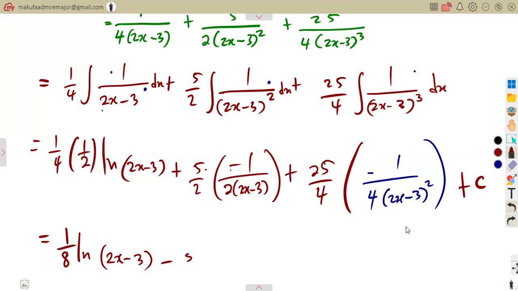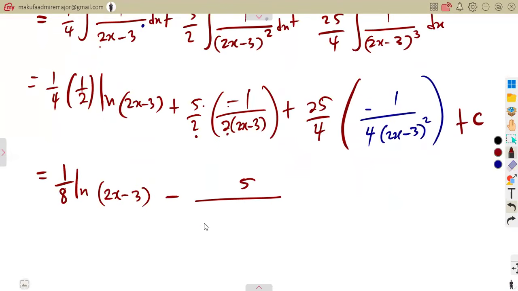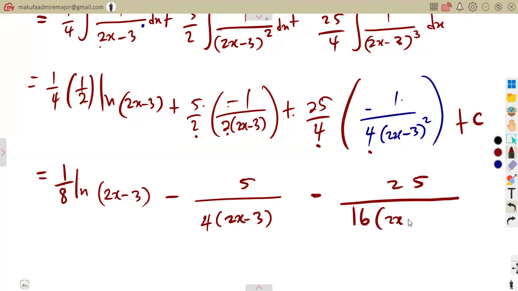So it is going to be minus 5 over 4 into (2x minus 3). Okay, you do the same thing with the 25 and the minus 1, so that's minus 25 over 4 and 4, that's 16, into (2x minus 3) squared, plus the constant of integration.